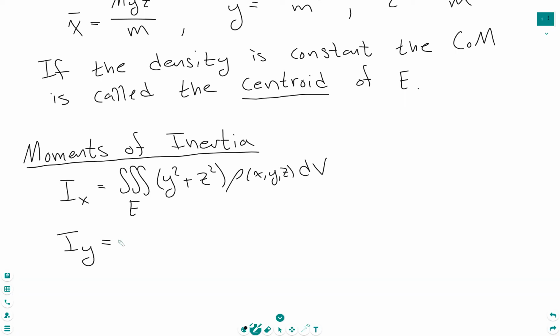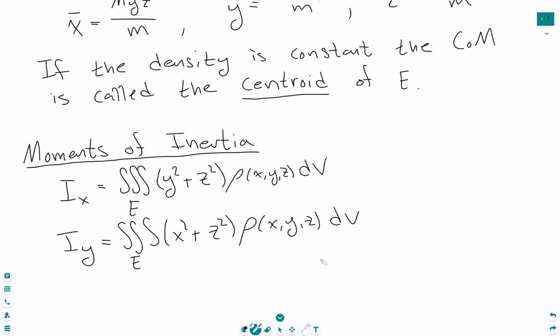We have about the y-axis, which is our triple integral, and the distance from the y-axis is x squared plus z squared, times our density, dV.